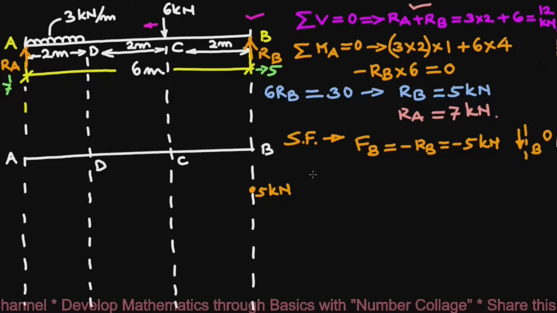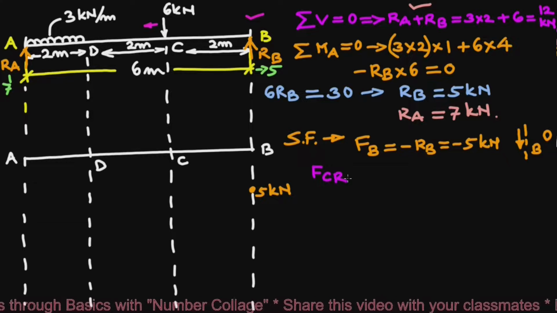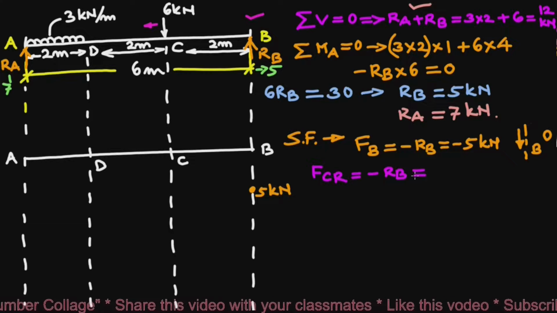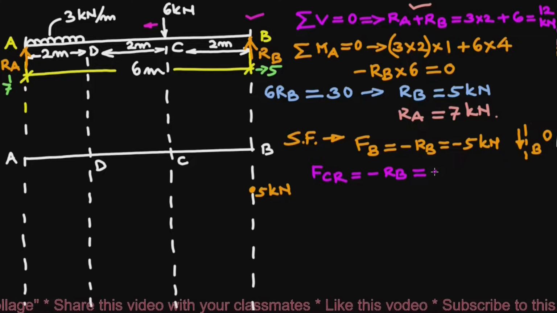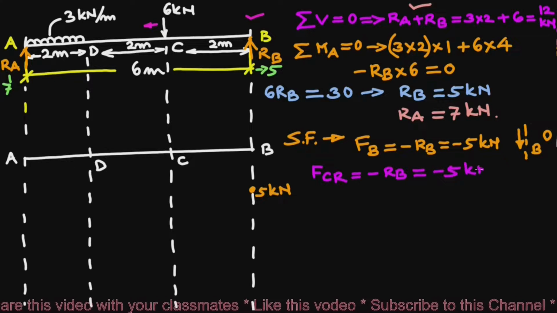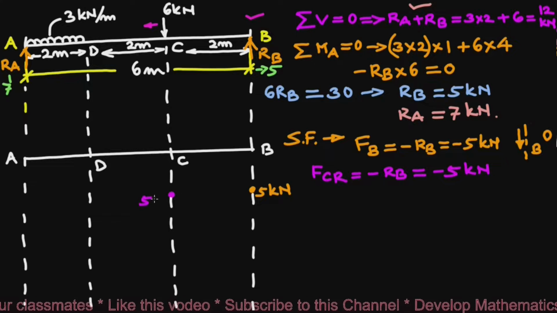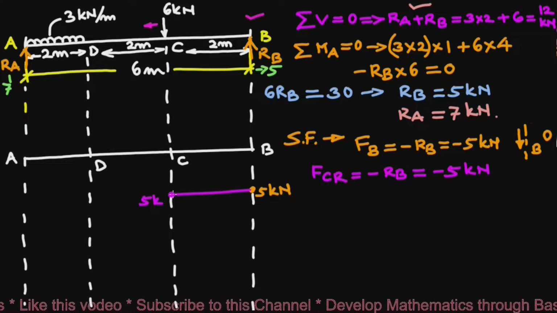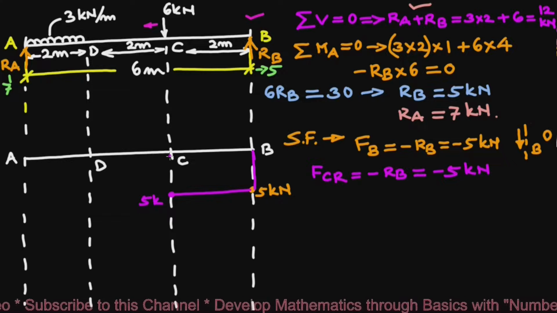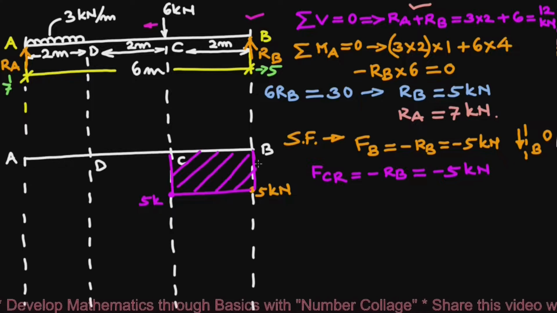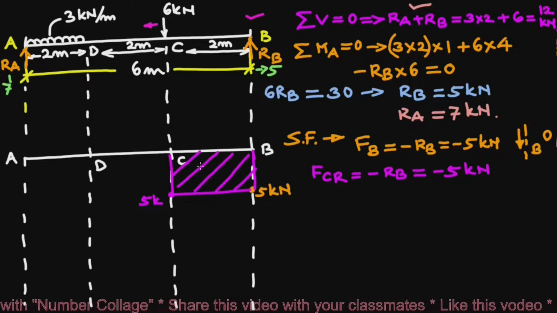Next, shear force to the right of point C will be same as minus RB, as there is no load between points C and B, so it will also be minus 5 kilonewton, which we plot over here. So this is also 5 kilonewton. We will draw a horizontal line, and this completes our shear force diagram between points B and C, which is going to be negative.